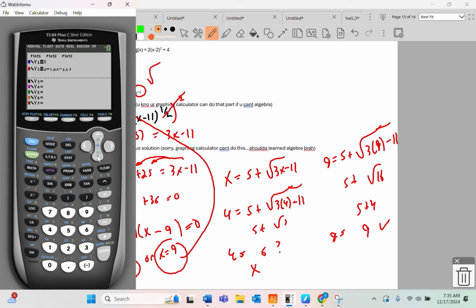Let's type in the conjugate of that funny thing. The conjugate of 5 plus the square root is 5 minus. And I might be really tired and this doesn't work, but I think it does.